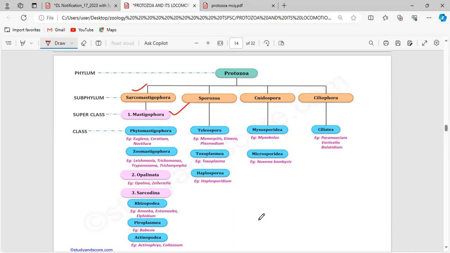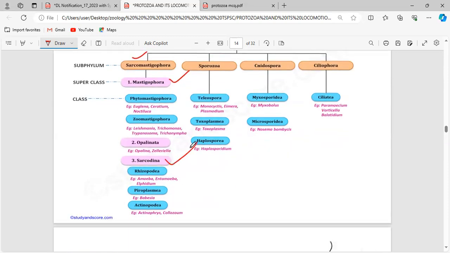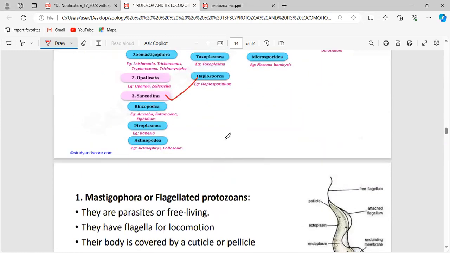Very good. Flagellated protozoans. What is the other name of Sarcodina? They are said to be the amoeboid protozoans. Okay, we have stopped up to this.